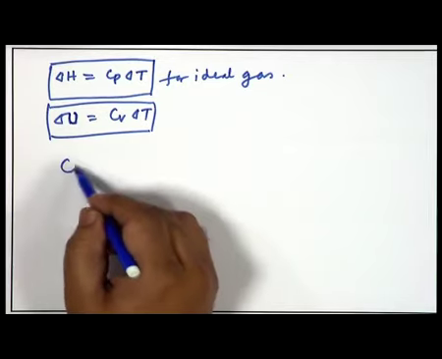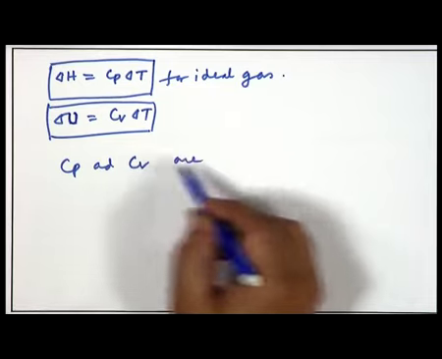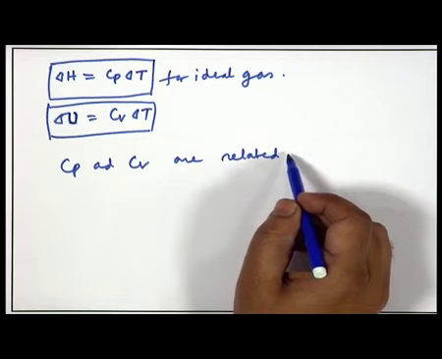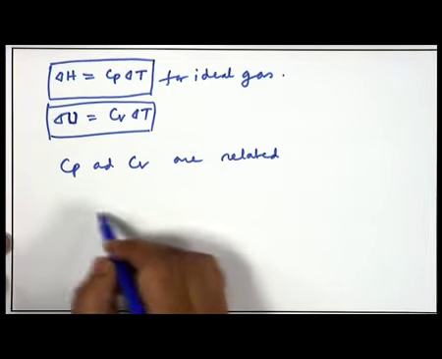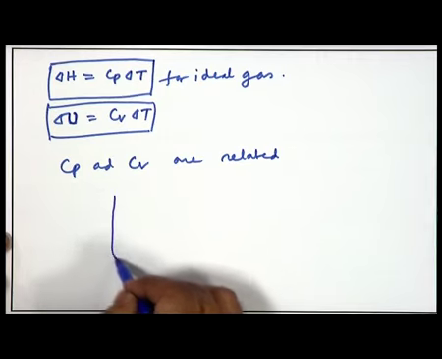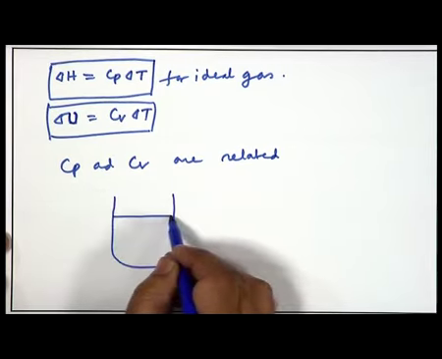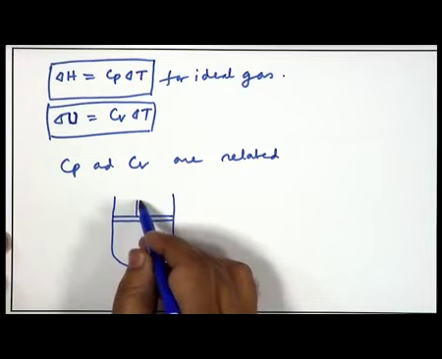Now, how are Cp and Cv related? What is the relationship between them? If we consider 2 processes, say we take a cylinder with a piston.